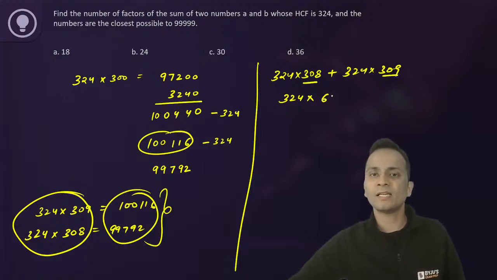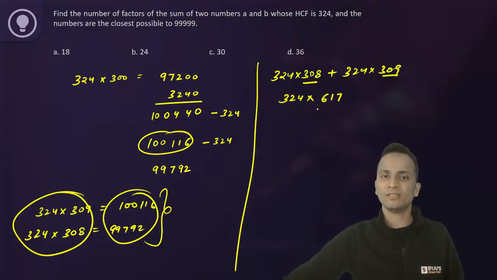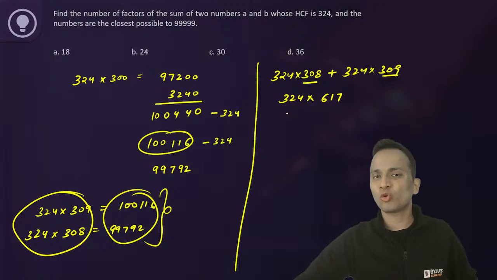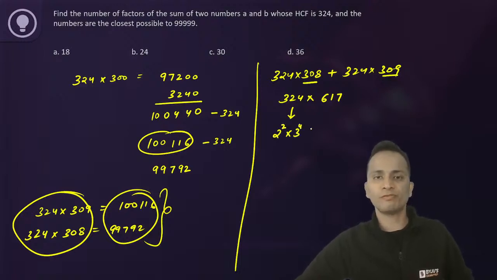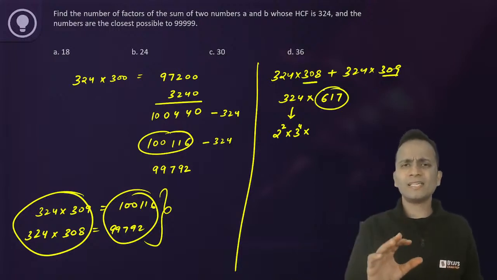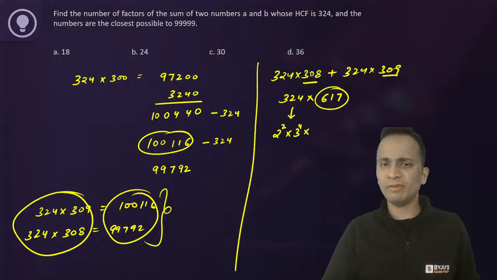That is 617. Okay. Now 324 तो सबको पता होना चाहिए 18 का स्क्वायर होता है, तो 324 को फैक्टराइज करेंगे. So it will become 2 square multiplied by 3 raised to the power 4, multiplied by 617.